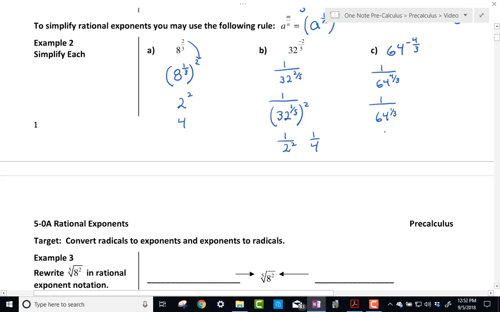That's going to be a lot easier. But since I took the 4 off of the fraction, I need to raise the whole thing to the 4th power. 64 to the 1/3 power is just 4. So this turns out to be 1 over 4 to the 4th. And if I really wanted to, I could multiply that out, and I believe I get 256, if I did that correctly.